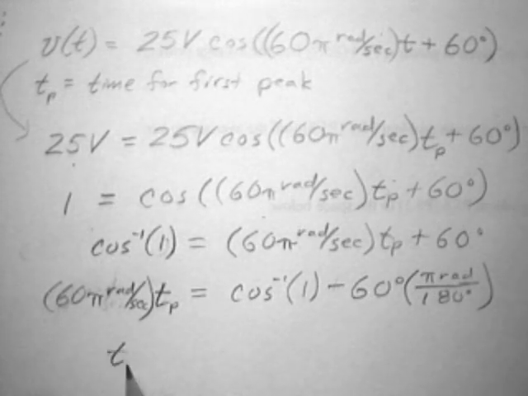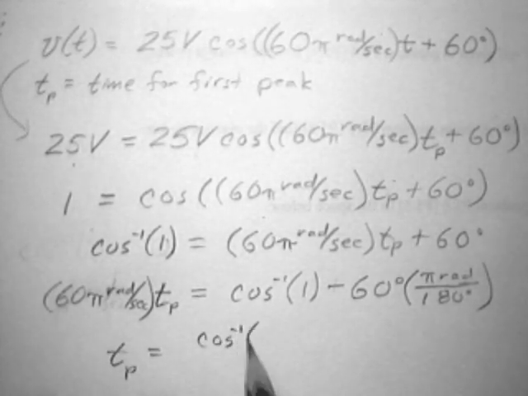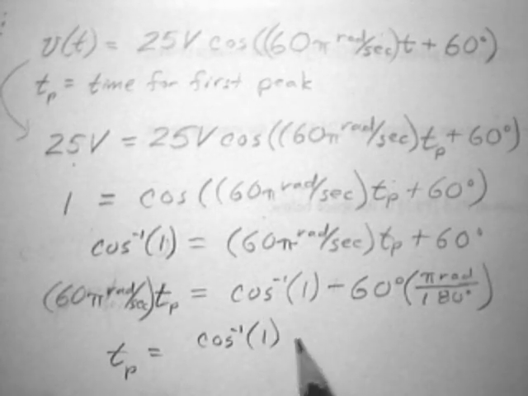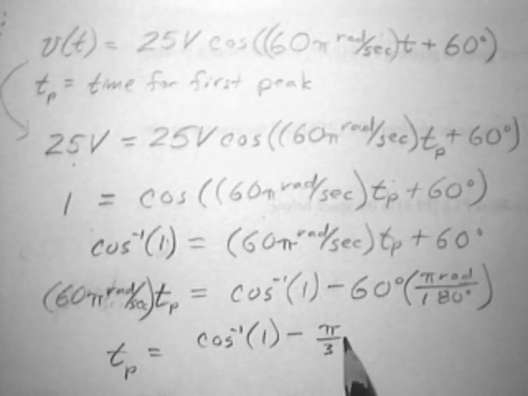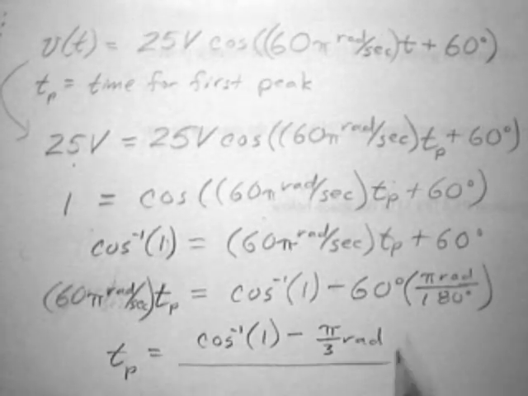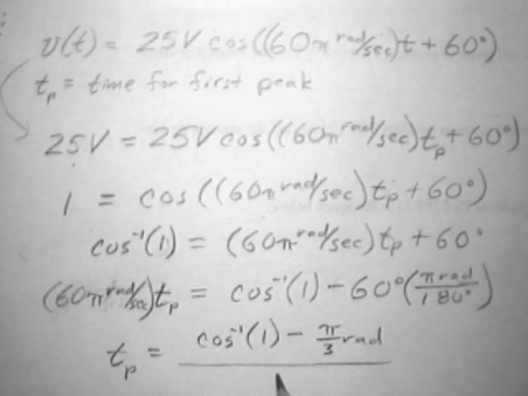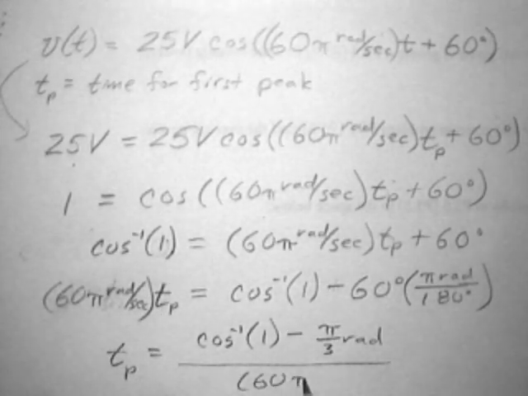So that TP equals the inverse cosine of 1 minus pi divided by 3 radians for this, over 60 pi radians per second.